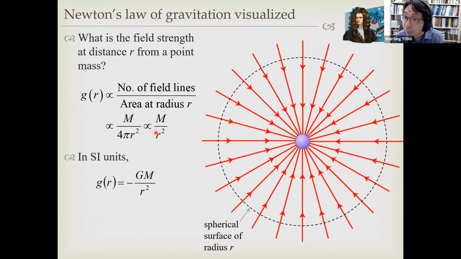And if you accept this, in SI units you may like to add a gravitational constant G, then you get the expression GM over r squared. So that's why I tell you about this picture. It's easy to understand, right? So we derive the inverse square law force from the picture. Of course, that is not a rigorous derivation, but that is an easy way for you to understand why the inverse square law holds this way.